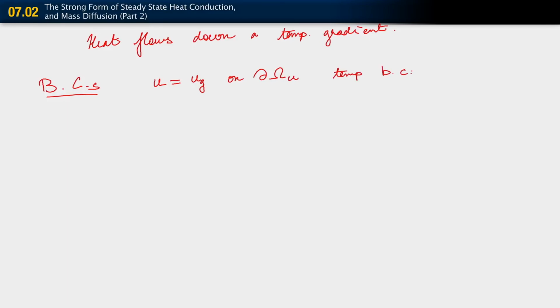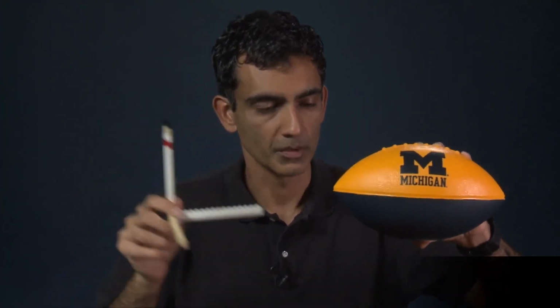So in the context of our continuum potato, we have the region of interest, omega. Let's suppose that the maze part of the boundary is the Dirichlet boundary, the temperature boundary. What we're saying is that on this part of the boundary, we're controlling the temperature.